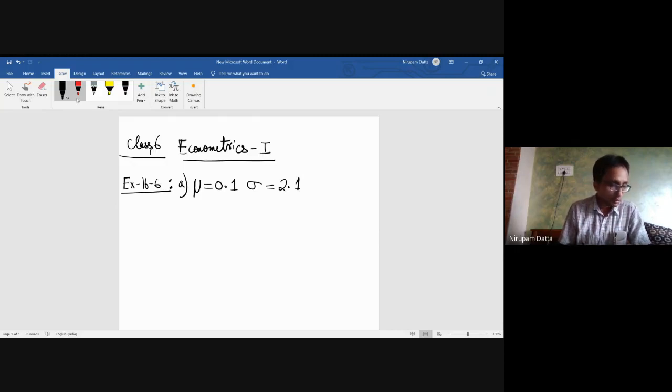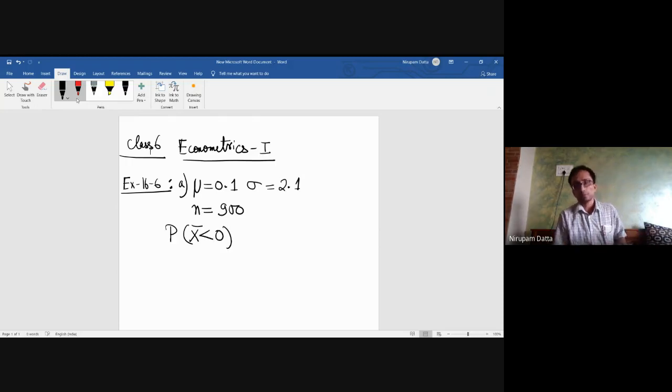The random sample is of size 900. We have to find the probability that the mean of this random sample, that is x bar, is less than 0.